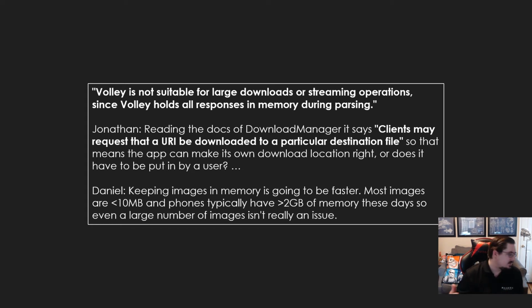So streaming is one thing that comes up. It doesn't support that. It's also not good for large downloads. Say you have even just a megabyte of data, just an image you want to download. It's not necessarily the best thing for that because of the amount of space that takes up in memory. Oftentimes what you want to do is say, okay, I'm going to download that file, save it to disk, and then read it from disk.